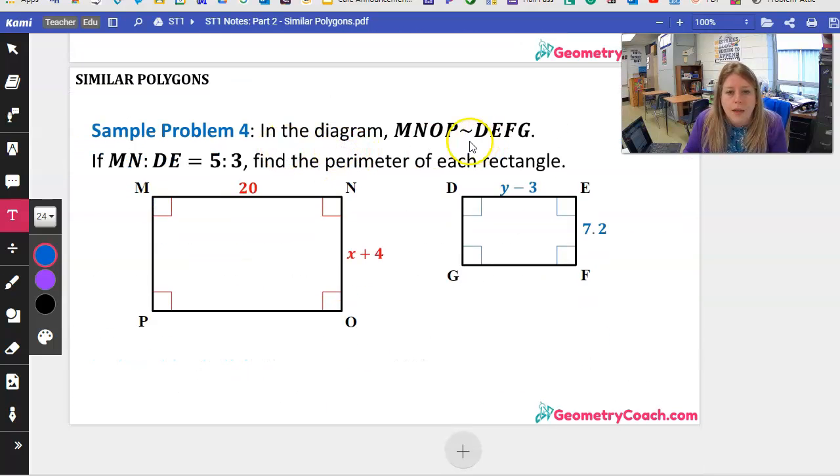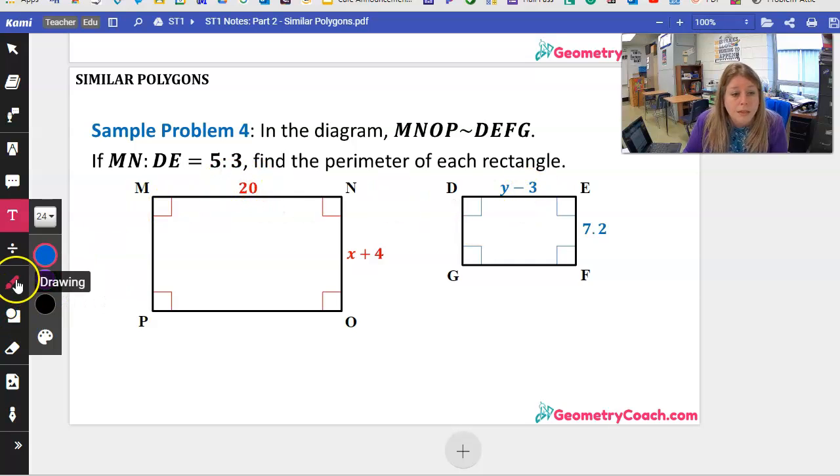So we've got MNOP and DEFG. If MN is in ratio to DE of 5 to 3, find the perimeter of each rectangle. Okay, so we've got to figure out the missing sides in order to get the perimeter. 5 to 3.